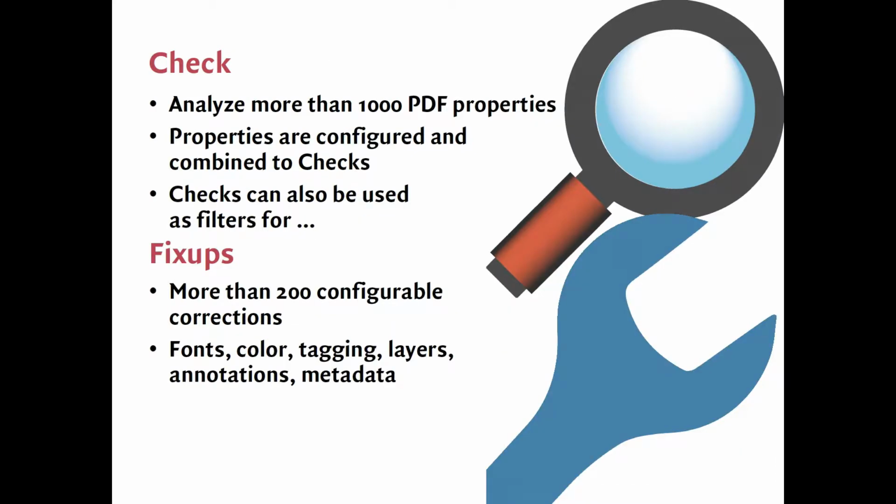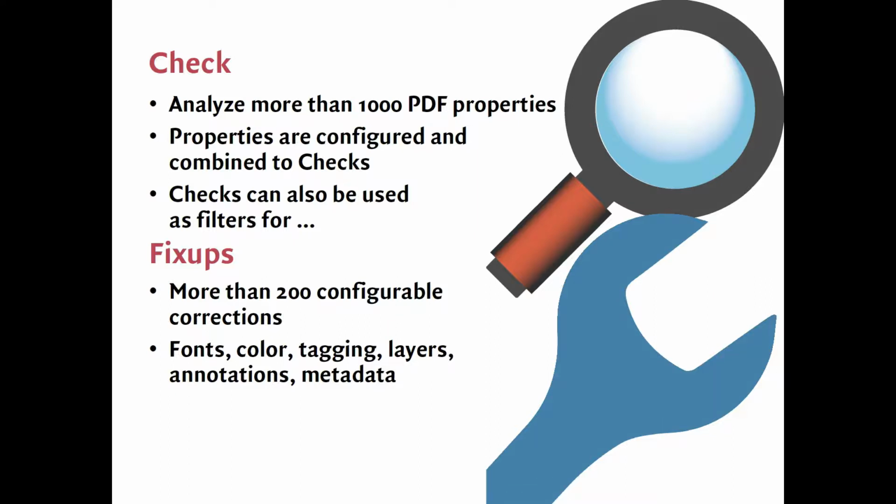And then pdfToolbox Desktop has, for editing, a check engine and a fix-up engine. The check engine has more than 1,000 different PDF properties that you have access to, that you can combine with each other. And fix-ups can be based on more than 200 different fix-ups.